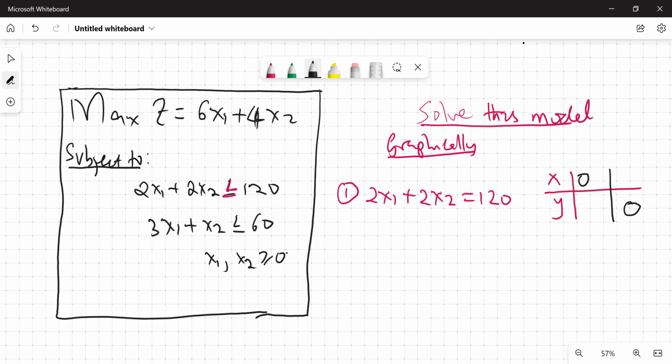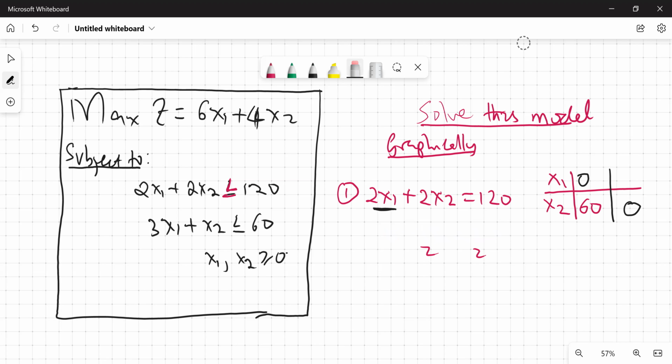Sorry, this is not x and y, this is x1 and x2. So when you substitute x1 is 0, what is the value of x2? In other words, 2 times 0 plus 2x2 is equal to 120. You divide both sides by 2, and you get 60.